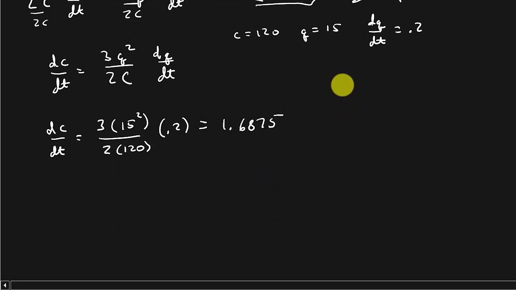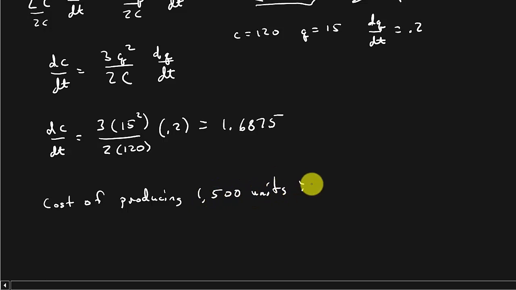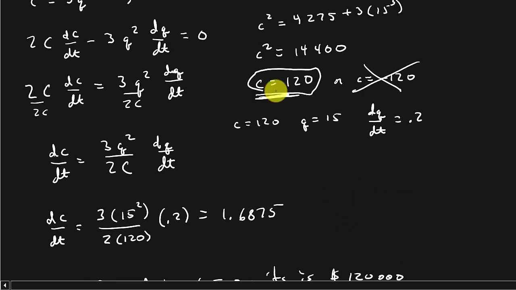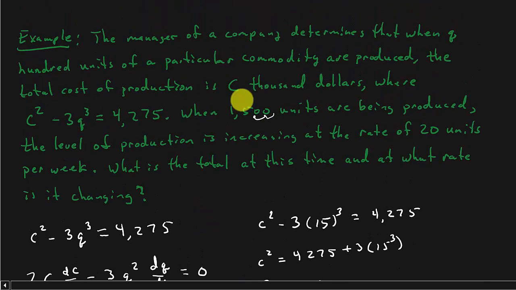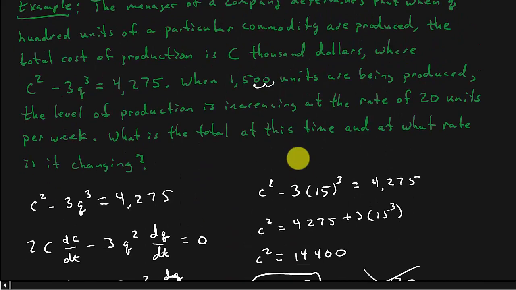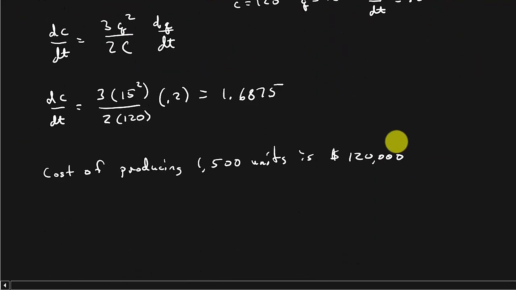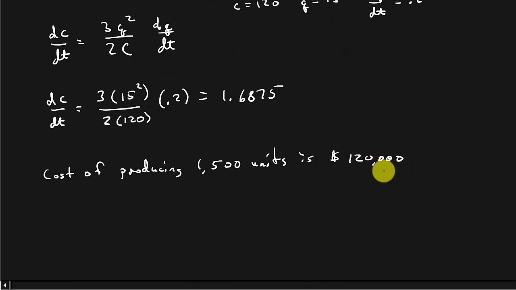All right. So the cost of producing 1,500 units is what? $120,000. That's what we got here for C is 120. And remember, C is in thousands. So I've got to put it in thousands.